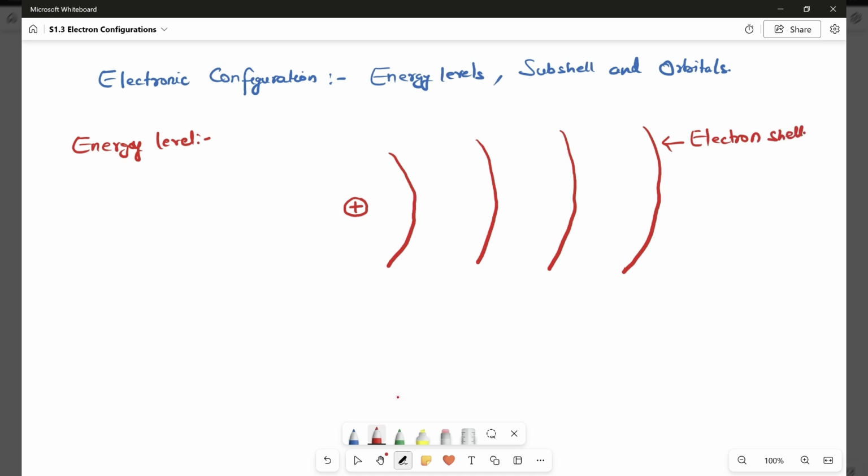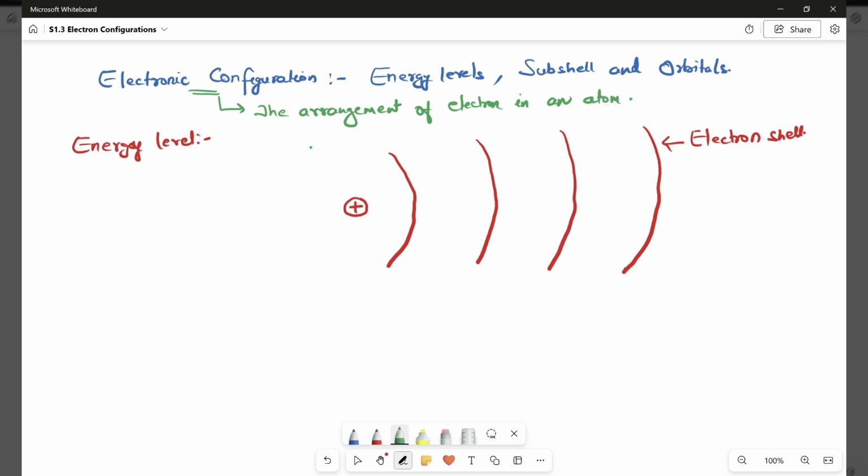Now, when it comes to electronic configuration, it means we are going to see how the electrons are arranged in an atom. In one line, you can say it is the arrangement of electrons in an atom.